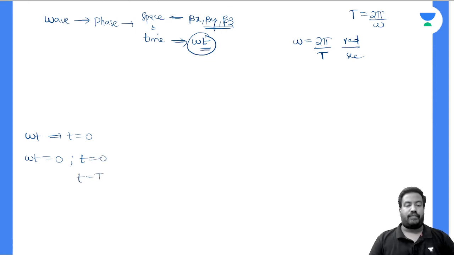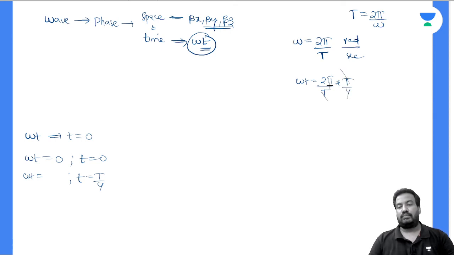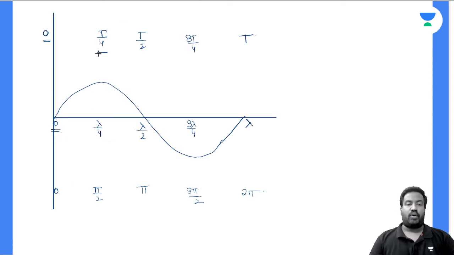When t is T by 4, omega t is 2 pi by T into T by 4, pi by 2. t is T by 4, phase shift is pi by 2.